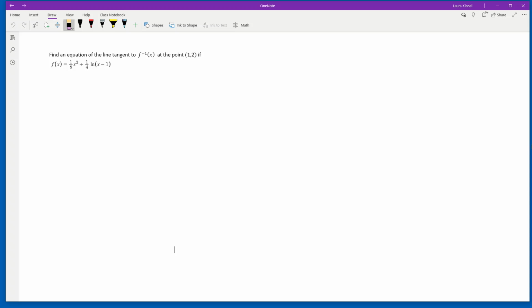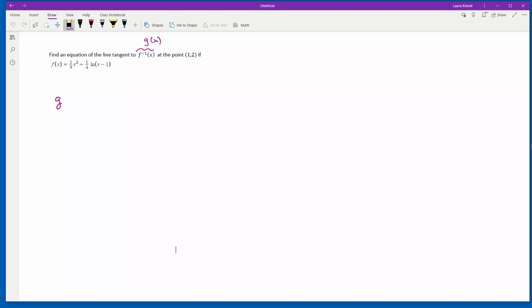Instead of remembering the result from last time, let's just rework it out. We know that F inverse, let's call it G, so we don't have to keep writing that -1.